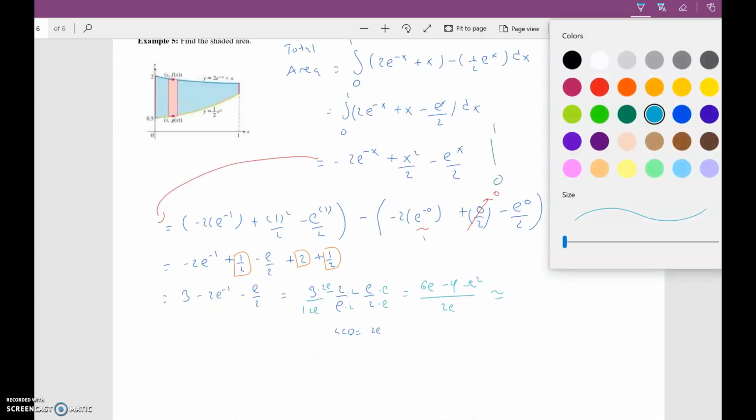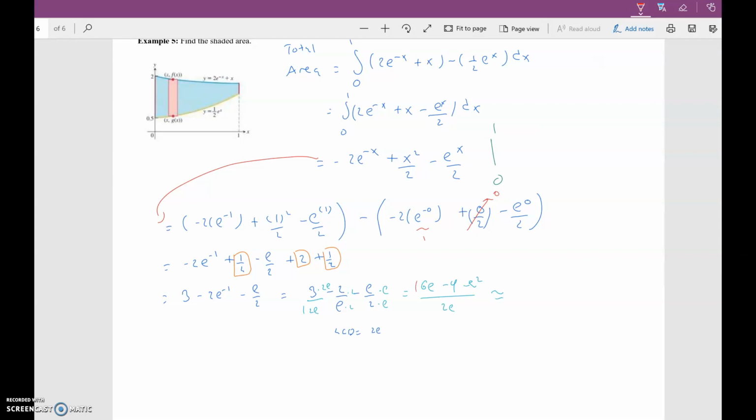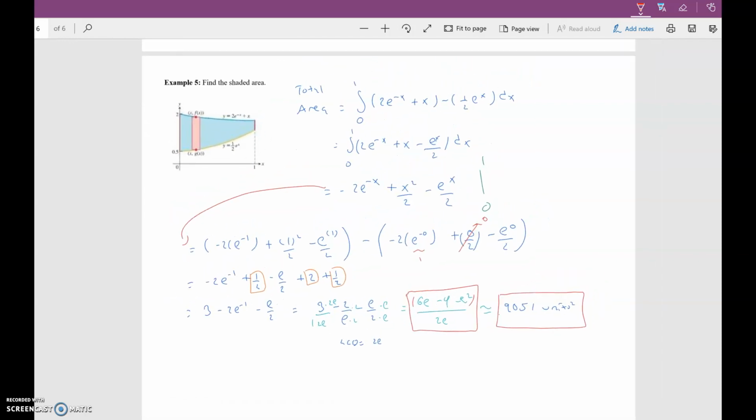Okay, so this is what I'm getting. I had a bit of a calculator error, and technically your final answer as a decimal, I'm getting 0.9051, in units squared. So our exact answer, I'm expressing it as this mess, but some of these problems are going to want a decimal approximation.